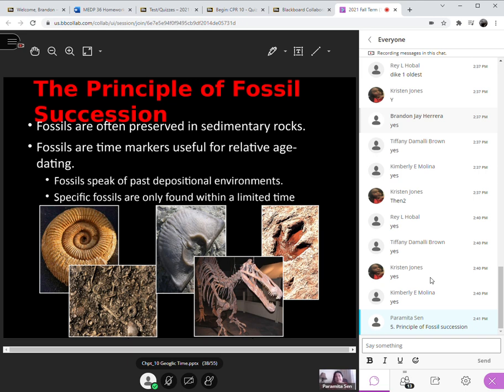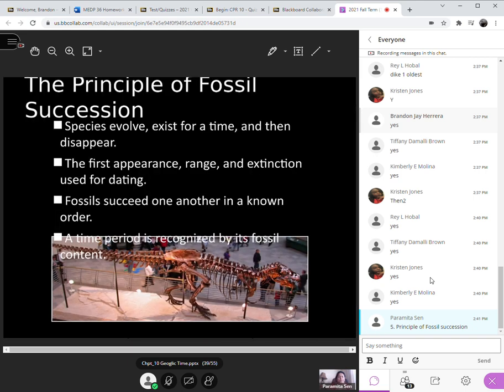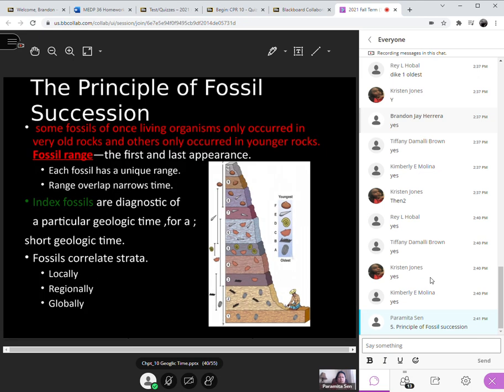Just remember that paleontologists and archaeologists work together in a particular field when they find this type of fossils. Okay, I'm not reading it out. So, fossil range: we try to find out the range of the fossils. This is what we are going to use today. A scientist is working, and suppose he dates a fossil. This is a fossil of the oldest, and it goes on to the youngest over here.